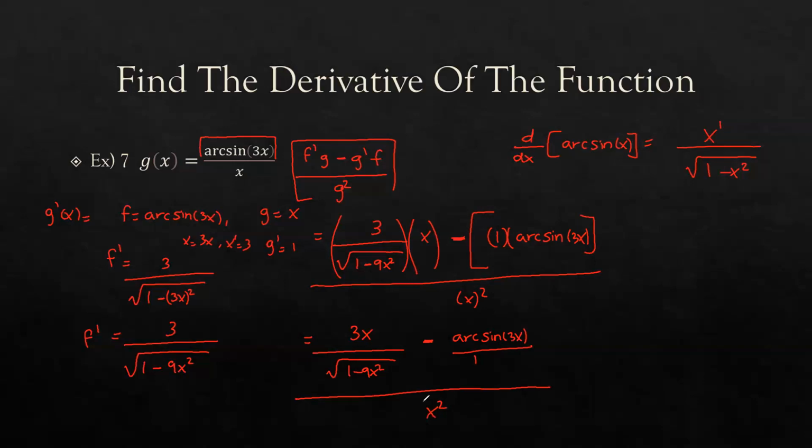On the numerator, when we're subtracting fractions, we need an LCD. So let's simplify this part right here. My LCD is square root of 1 minus 9x squared. So over here, you're going to multiply top and bottom by square root of 1 minus 9x squared.